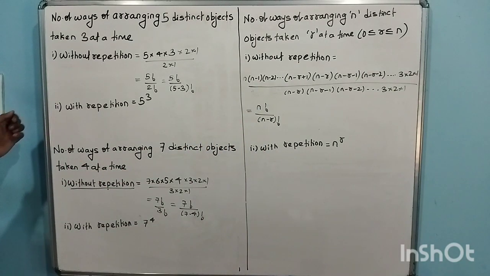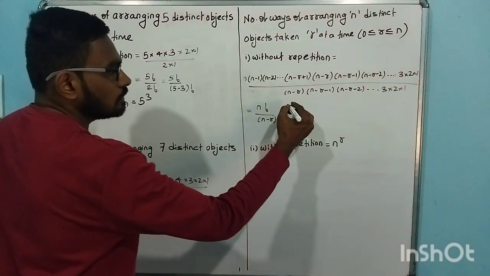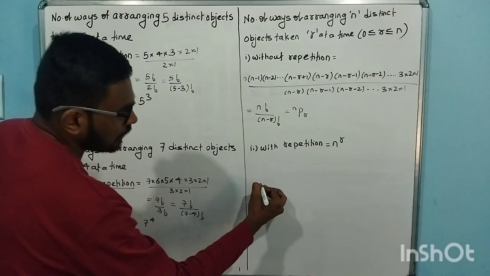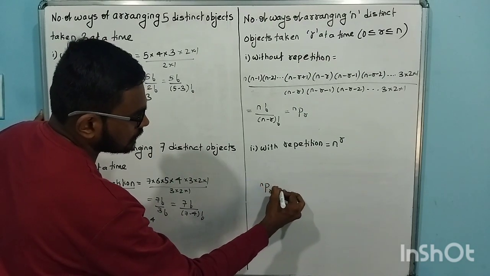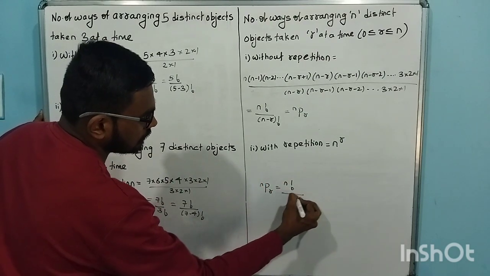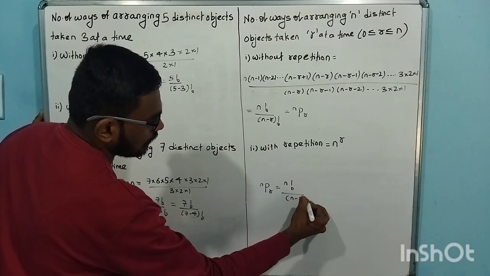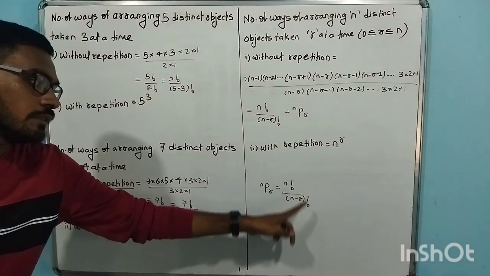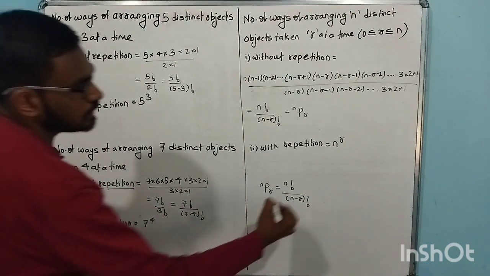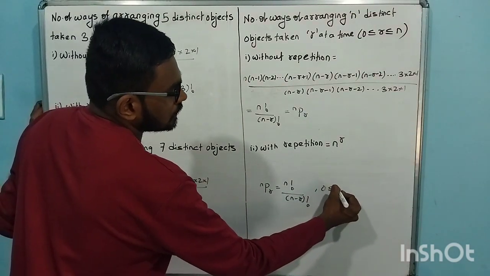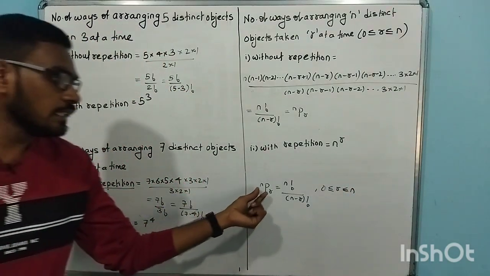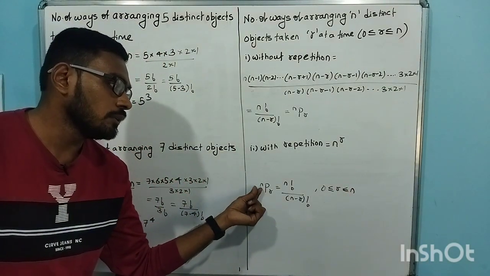This we write as nPr. So the formula is nPr equals n factorial upon n minus r factorial, where obviously r is between 0 and n, that is, r should be less than or equal to n.